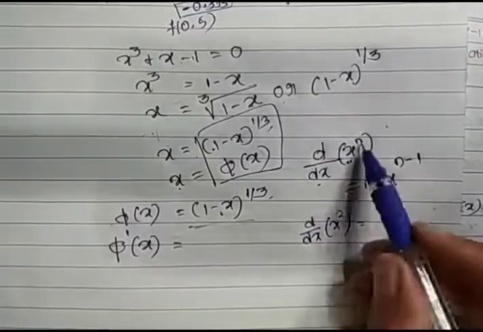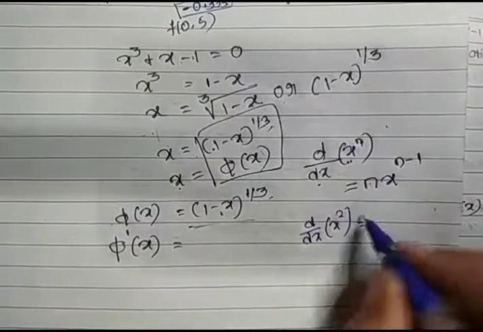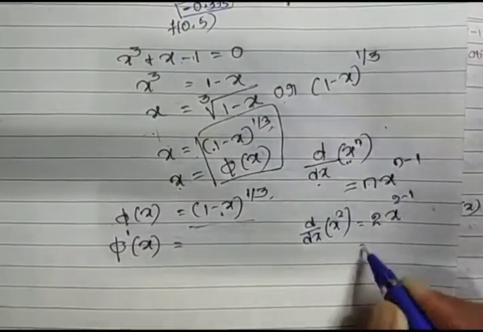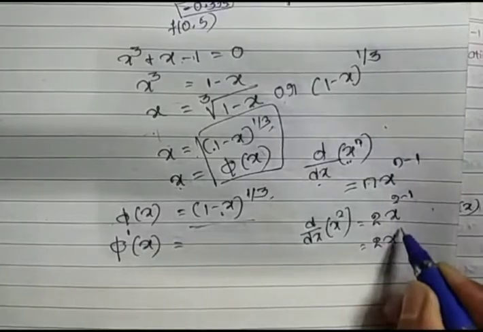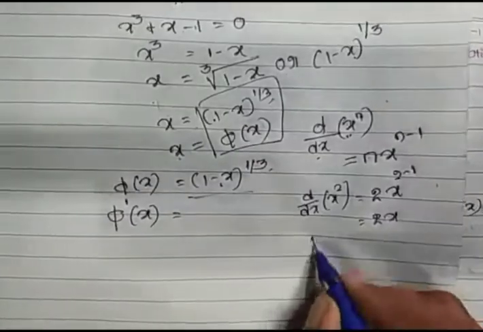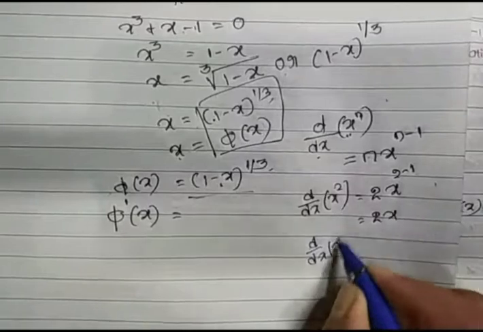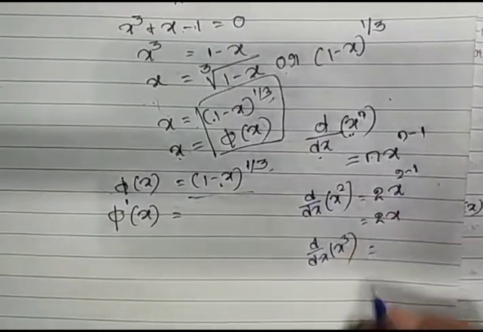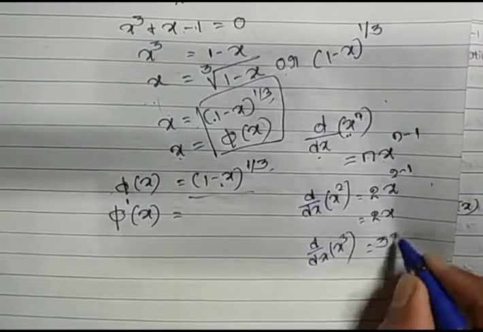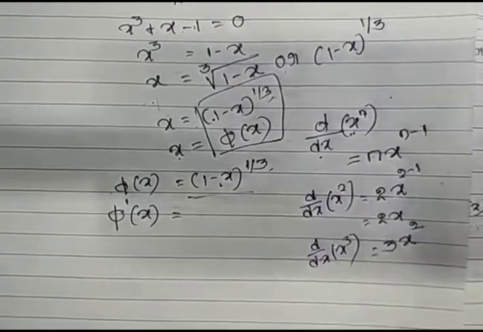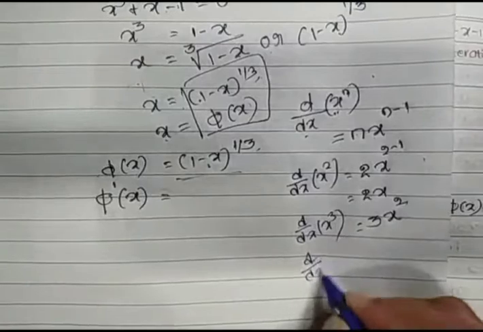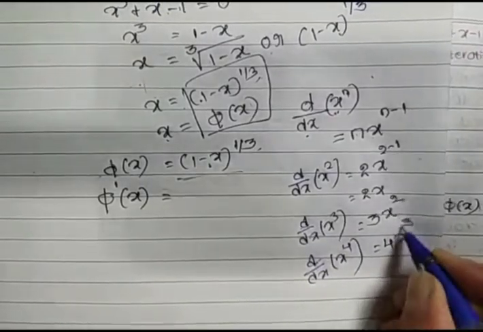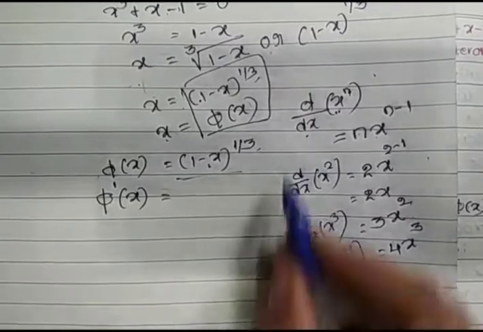In place of n we have 2, so this will be 2 x raised to 2 minus 1, that is 2x. Derivative of x raised to 3 is 3 x raised to 3 minus 1, that is 3x squared. Similarly, derivative of x raised to 4 is 4x raised to 3, and so on.